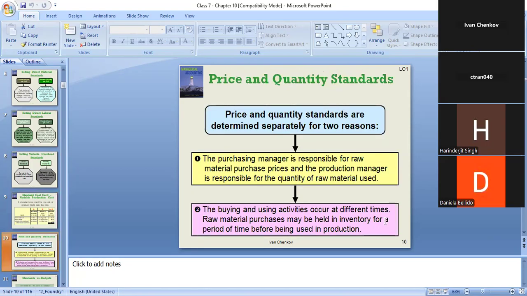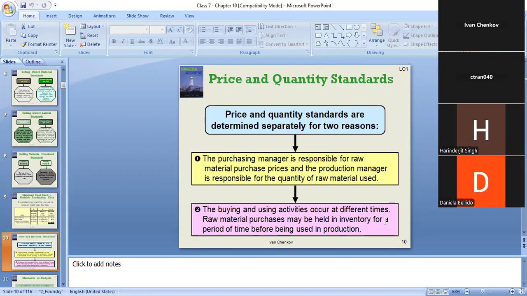We're going to have calculation for the price standard and the quantity standard separately. Why is that? Because different people are responsible for different things. We don't want to keep people responsible for the things that they cannot control and they cannot affect. So for that reason, we are going to have a price standard and a quantity standard.